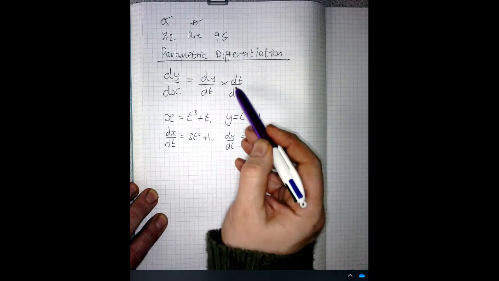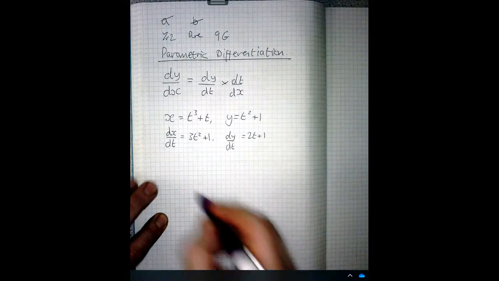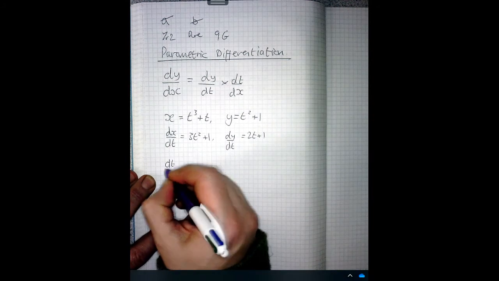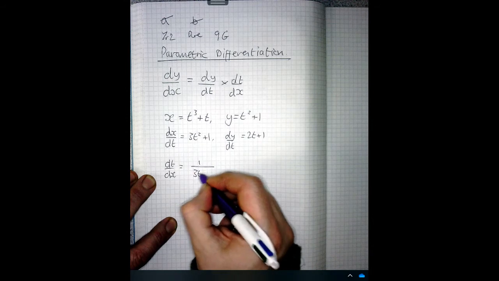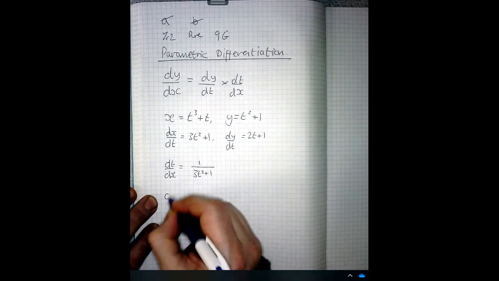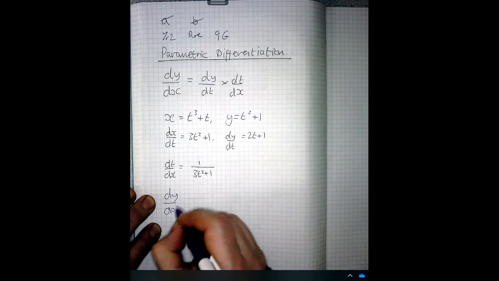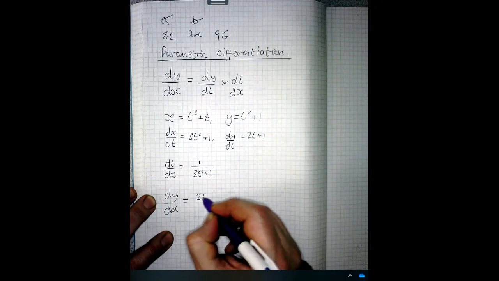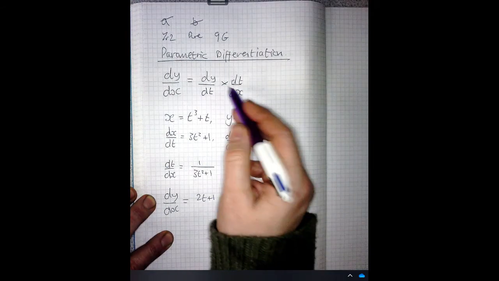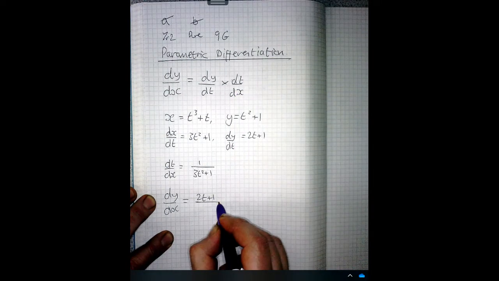Now, I've got dx dt, but I need dt dx, so that's fine. Reciprocal. So that dy dx is dy dt multiplied by dt dx.